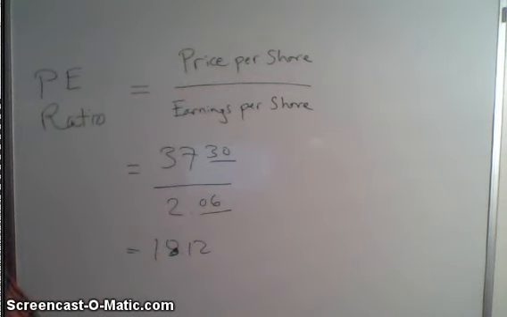One way to do this is flip it upside down. Instead of doing 37.30 divided by 2.06, take 2.06 divided by 37.30.